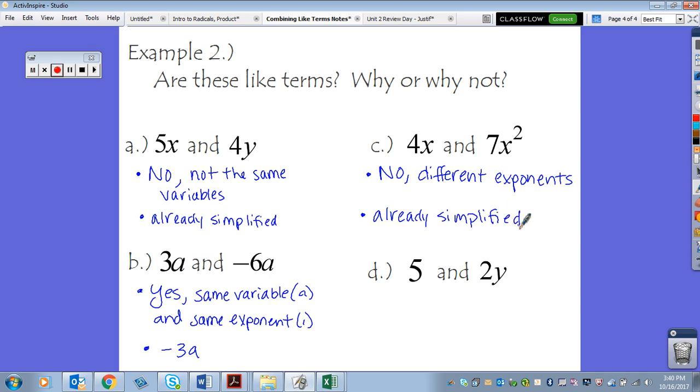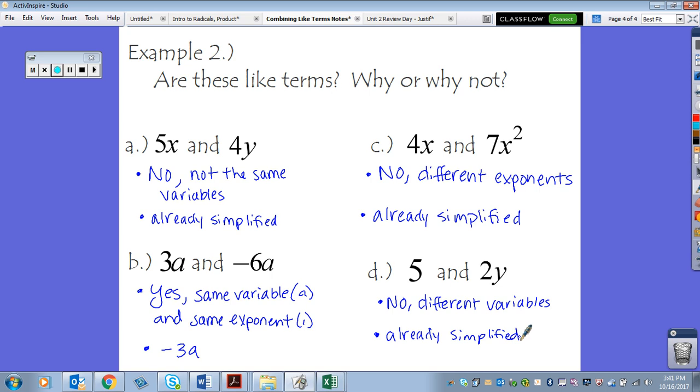Okay, last but not least, 5 and 2y. Are these like terms? Here we're going to say no because they have different variables. Technically 5 has no variable there, and 2y has a y. So because they have different variables, you cannot combine them, which means that they are already simplified.